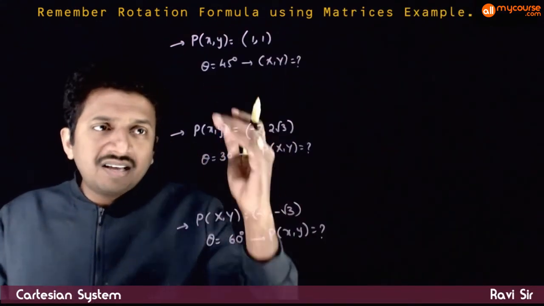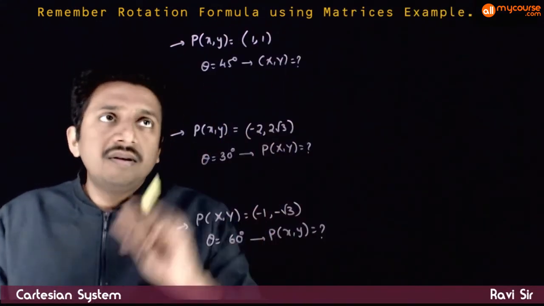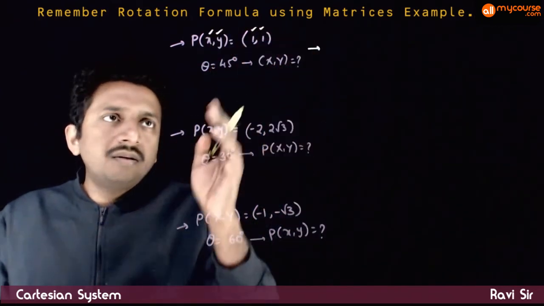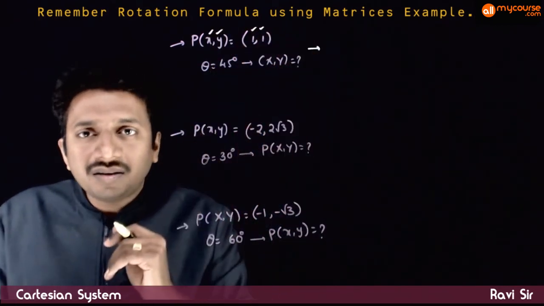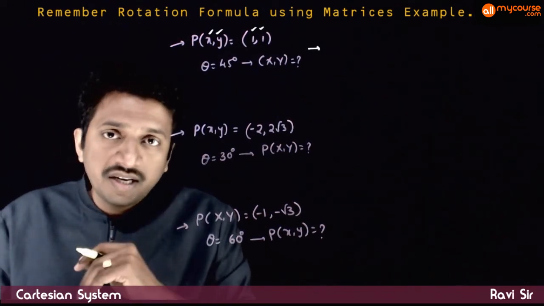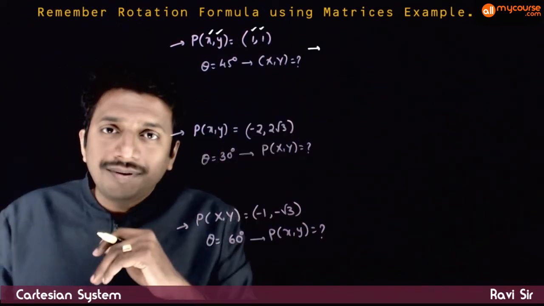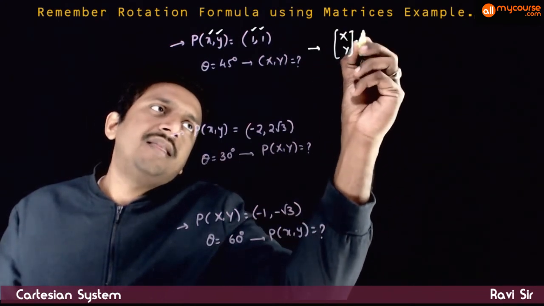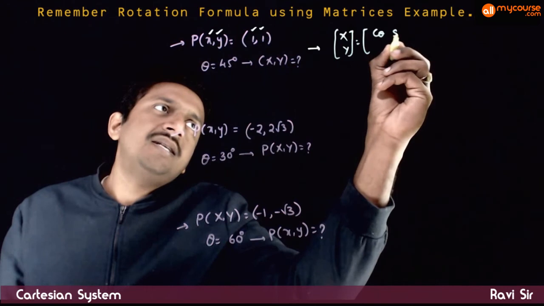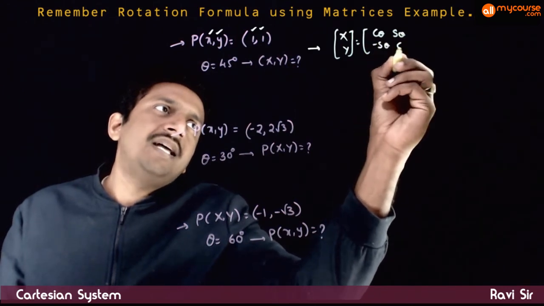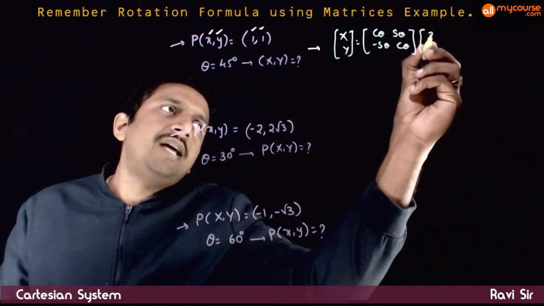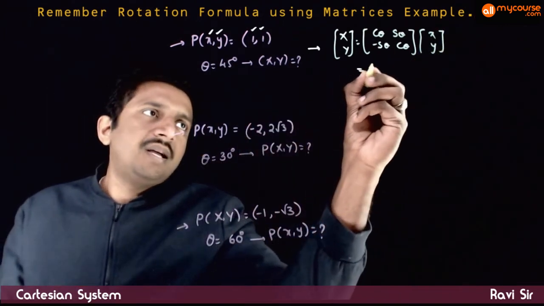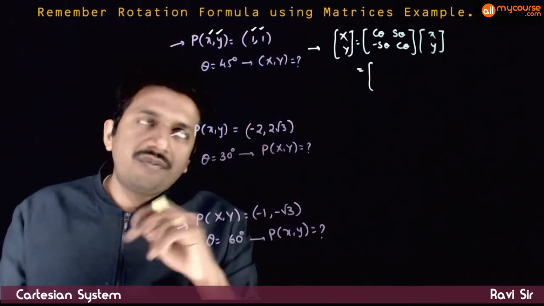So let us take some very simple examples. In the first example, you're given that the old coordinates are 1, 1, and the axes are rotated through 45 degrees in the counterclockwise direction. You're asked to find the new coordinates. So the new coordinates are nothing but the matrix cos theta, sin theta, minus sin theta, cos theta times small x small y. Here theta is equal to 45 degrees.